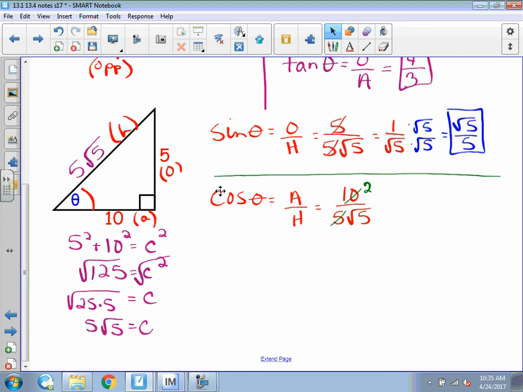So now we have just 2 over the square root of 5, which is good. It's simplified, it's just not fixed. Can't have a square root in the denominator. So we multiply by the square root of 5 and the square root of 5. And we get 2 square roots of 5 over 5.